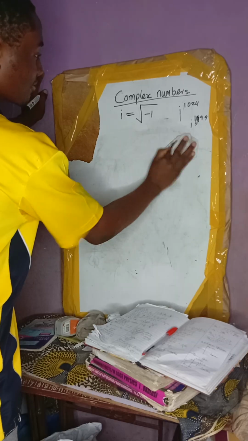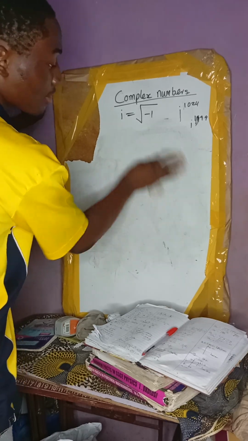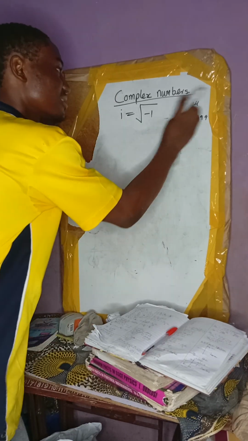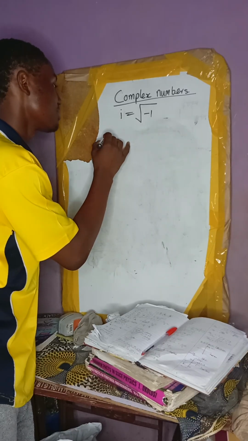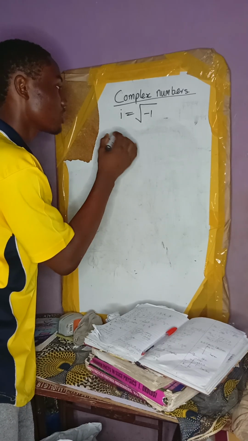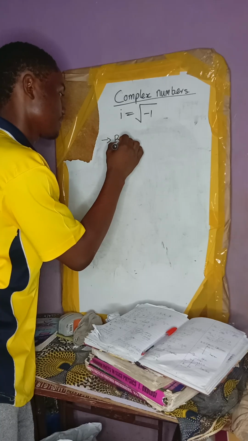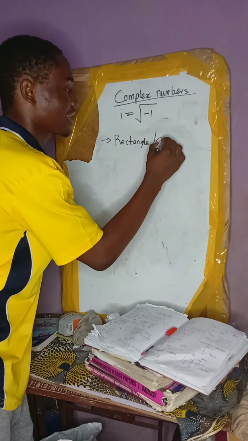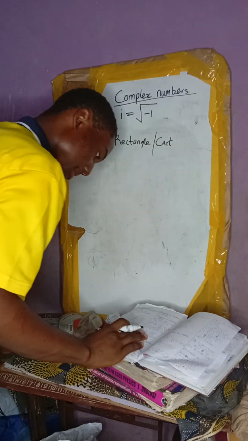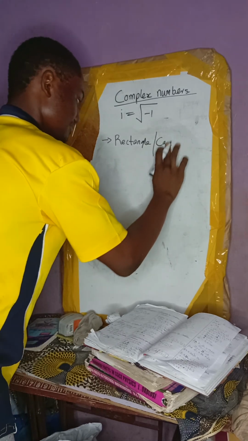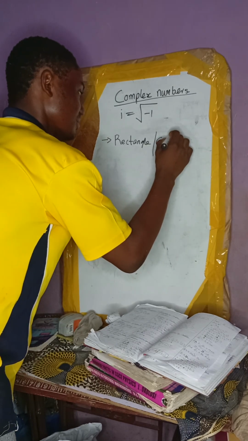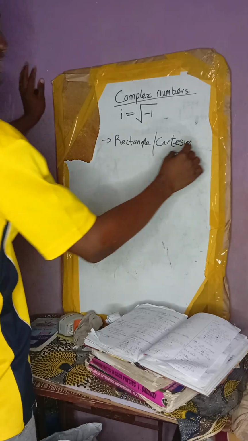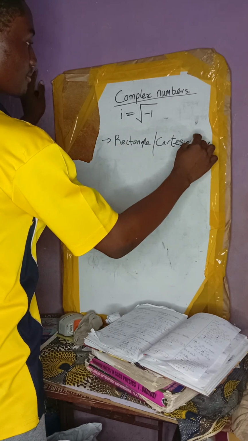Okay, let me introduce you to the different ways of representing a complex number. Since I started teaching you complex numbers, we have been used to representing a complex number in what we call rectangular or Cartesian form.